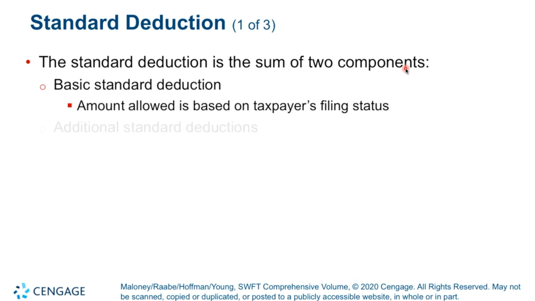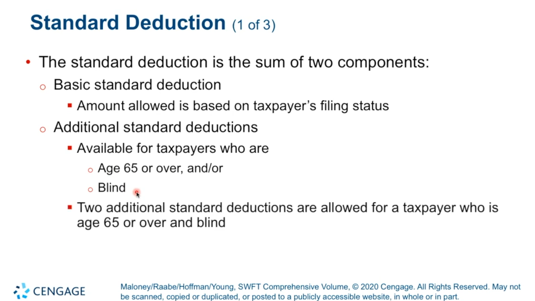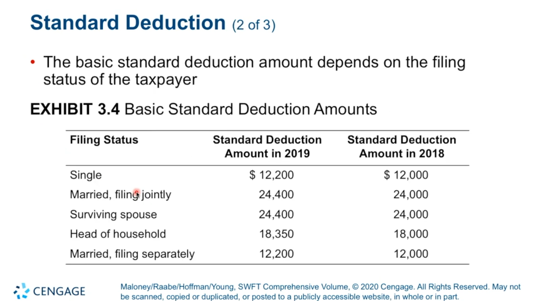So the basic standard amount is allowed for every taxpayer based on their filing status. The additional standard deduction is available for people who are over 65 or, and if they both apply, blind. So the basic standard deduction amount depends on the filing status. You can see them listed here.